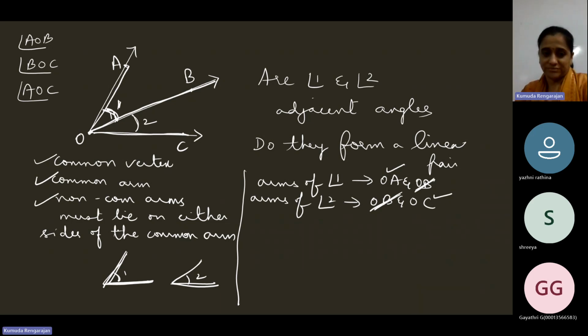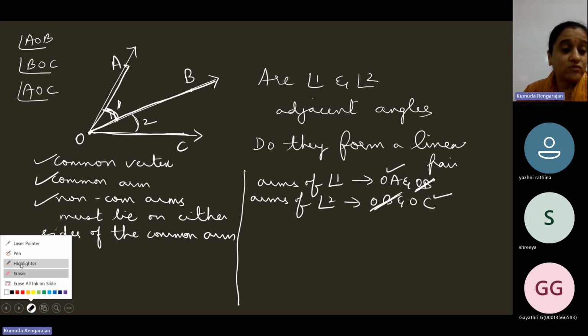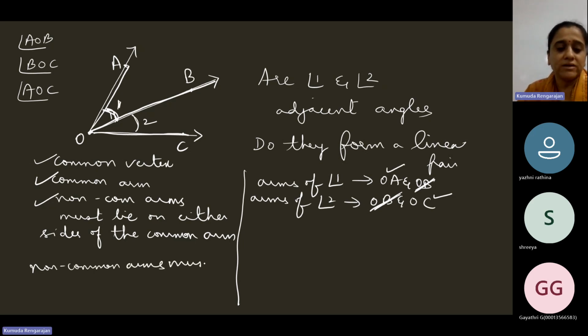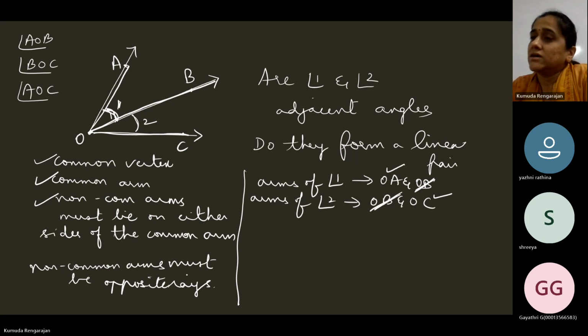Because if adjacent angles have to form a linear pair, their non-common arms must be opposite rays. They should lie on either sides and they should be opposite rays.